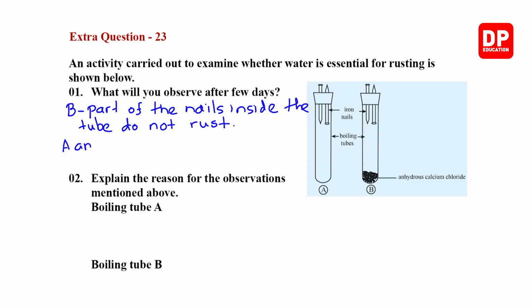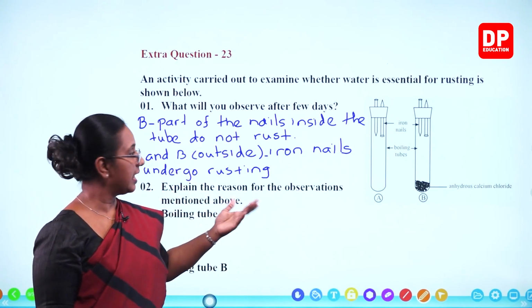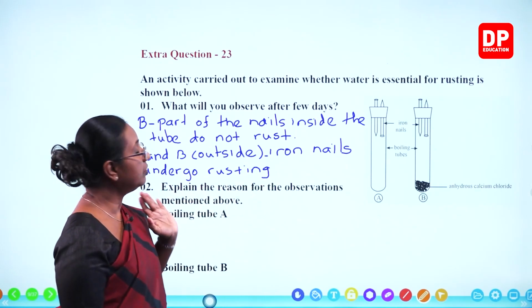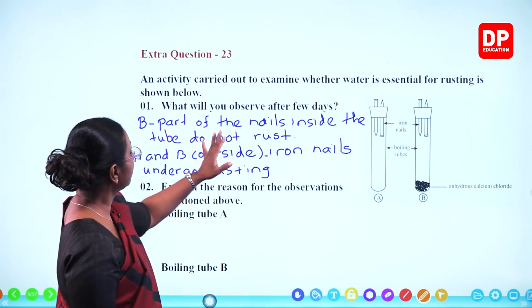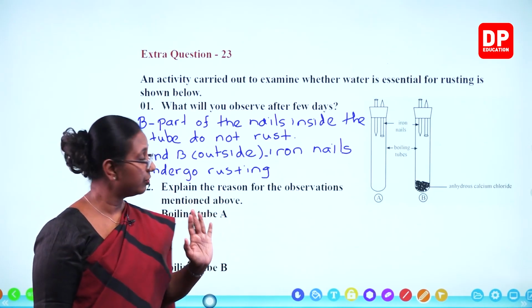In A and B outside, iron nails undergo rusting. So in A, both outside and inside, B only outside, iron nails undergo rusting. But in B, part of the nails inside the tube do not rust. That is what you have to write.